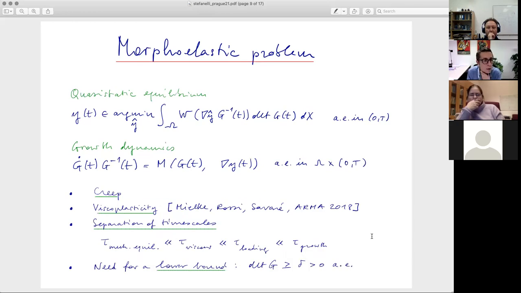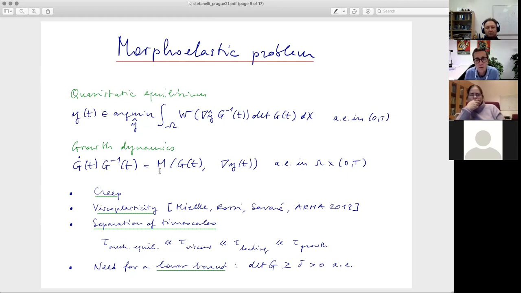The first comment that I want to make is that this model is very likely in the class of creep models. In fact, it's an elasticity model, and the flow rule has this kind of linear behavior on this tensor G dot G minus 1. It's not exactly a creep model because this M here is purely phenomenological.